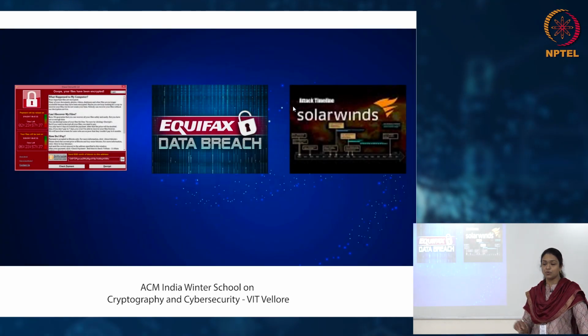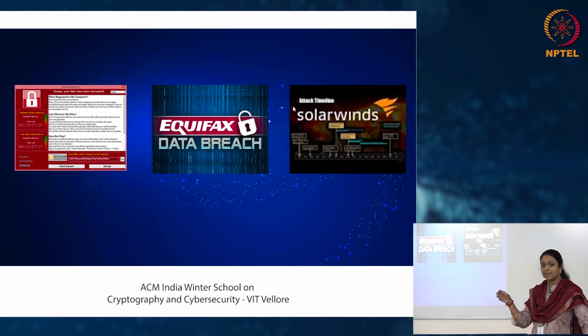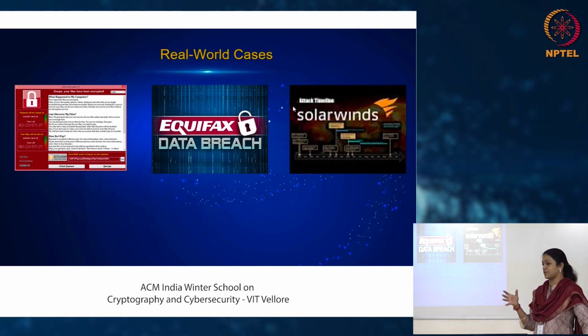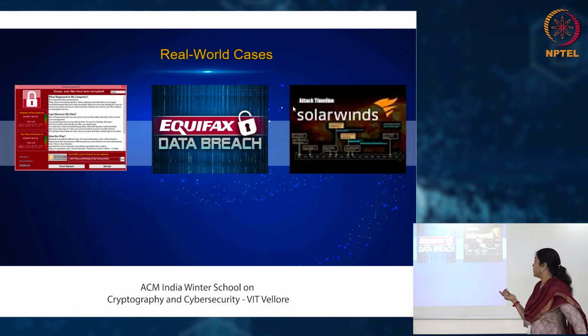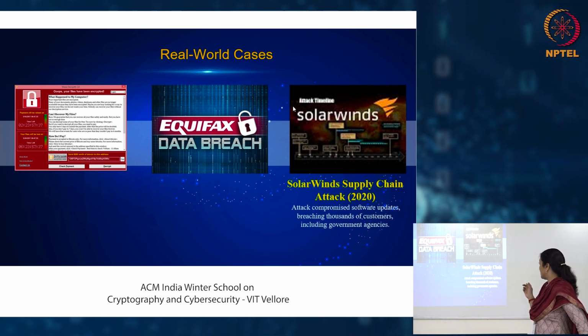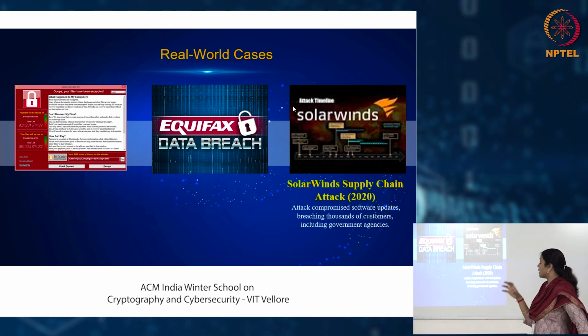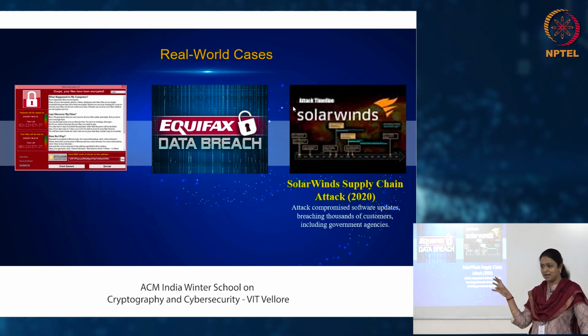And let's see some attacks. We cannot point out all of them, but these created a major distraction, or spoiled the reputation of the organization, or the organization suffered a lot because of them. The first one is the SolarWinds supply chain attack. We may think SolarWind is one whose purpose is to generate some electricity.